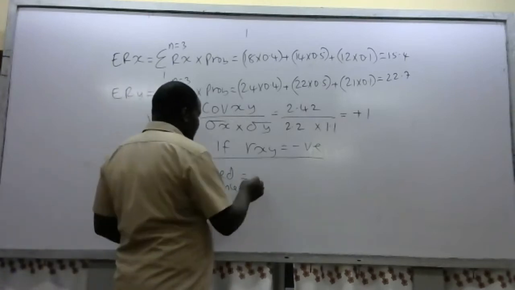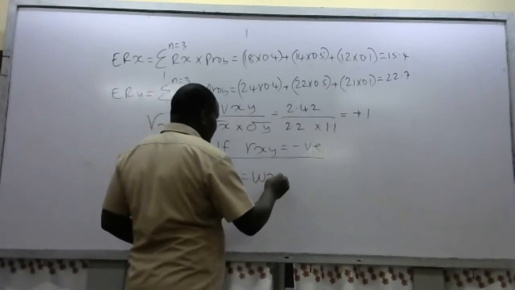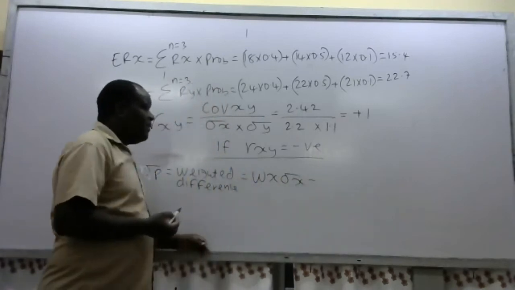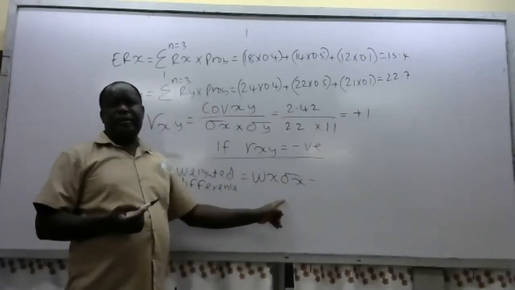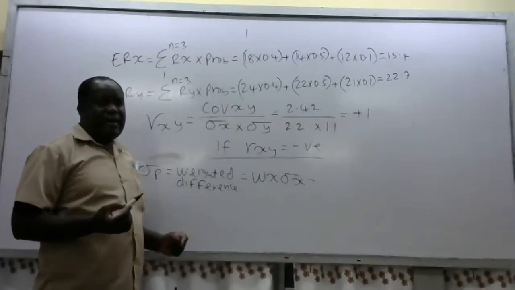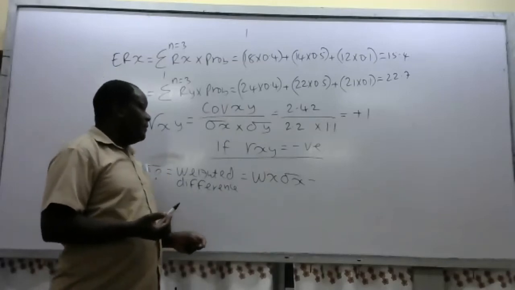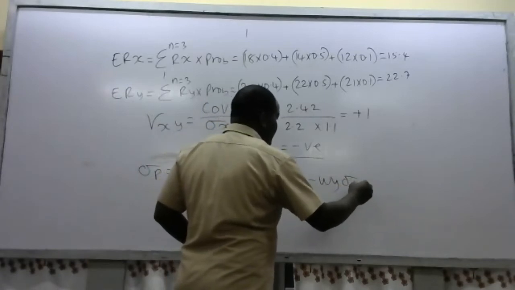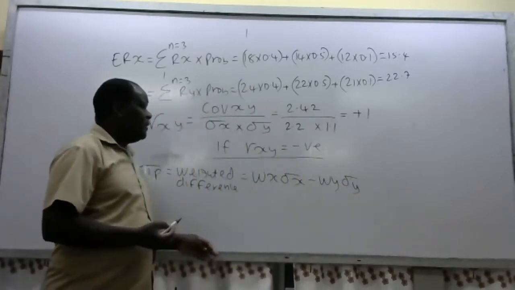It is the same as the weight of X times the standard deviation for X, but now we subtract. Remember, when it was positive, we added. When it is negative, we subtract the weight of Y times the standard deviation for Y.